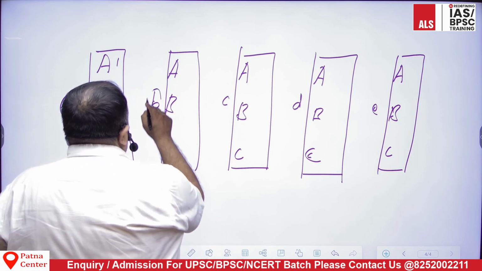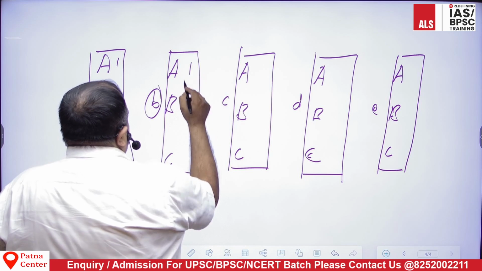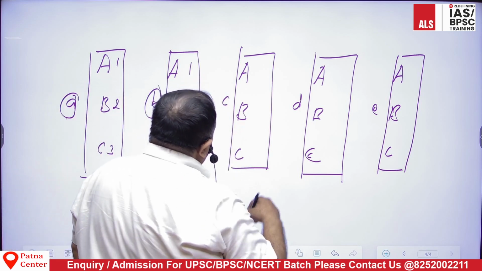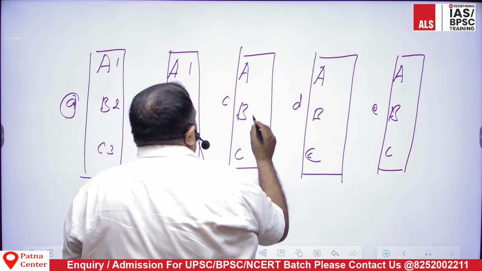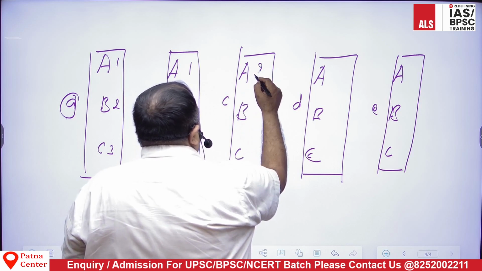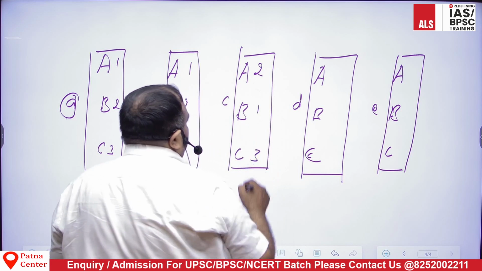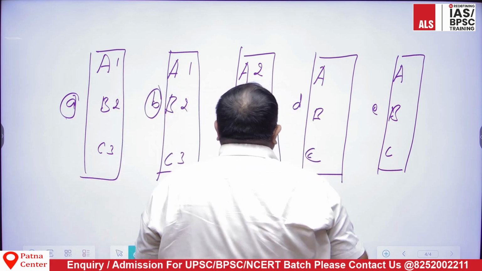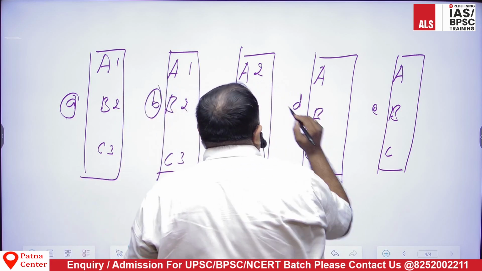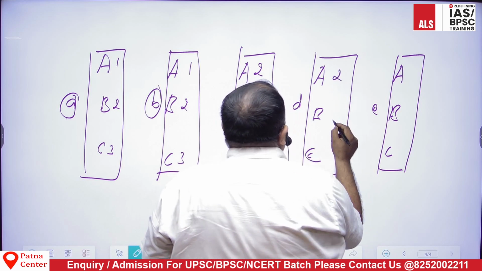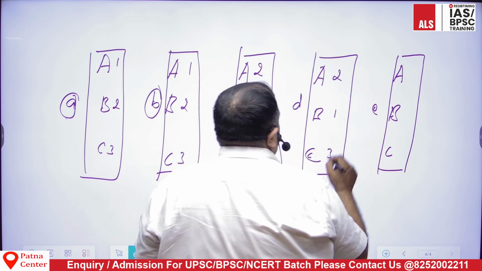B belongs to the same alliance, so he has followed the same priorities. C belongs to another alliance, so he has followed a different priority: he has given capital A number 2, B number 1, C number 3. Again, voter D, small d, belongs to the same alliance as C. He also has followed the same priorities.